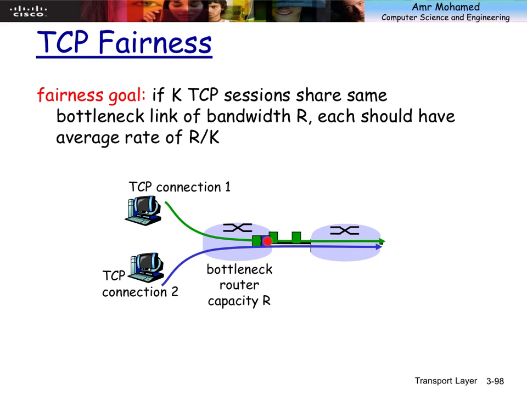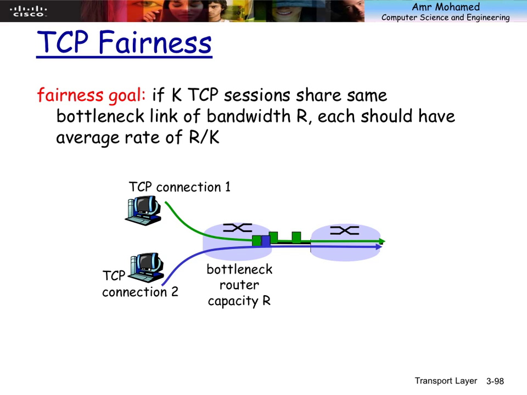So it gives resources of this link equally to all the participating connections. It's one of the metrics that you probably measure for any protocol, whether it's transport, network, or whatever.